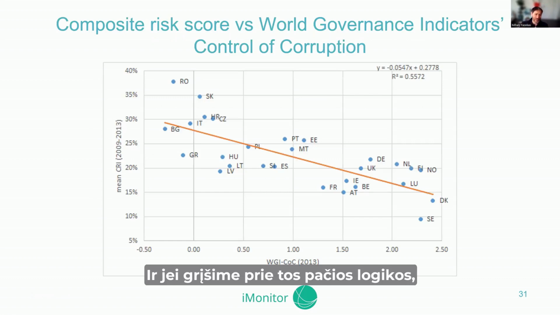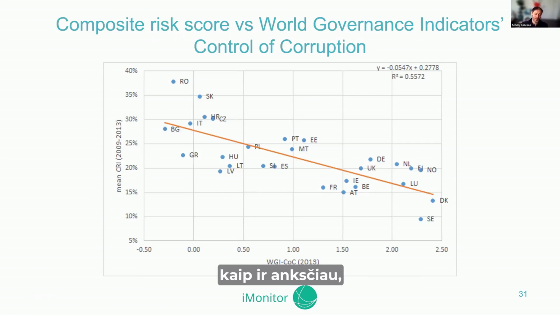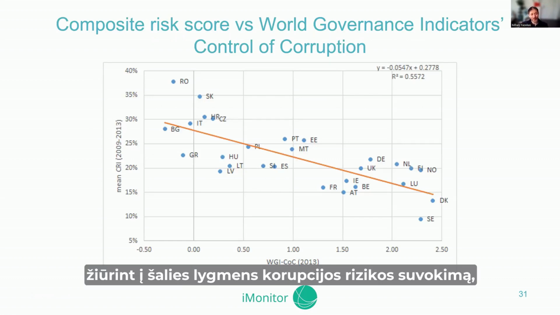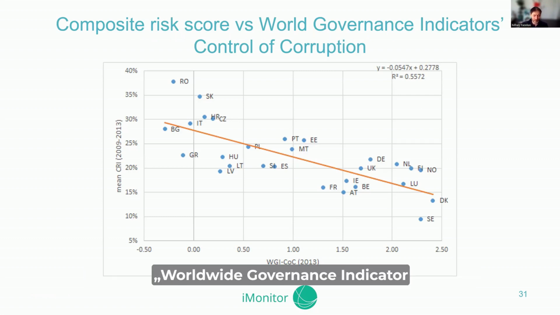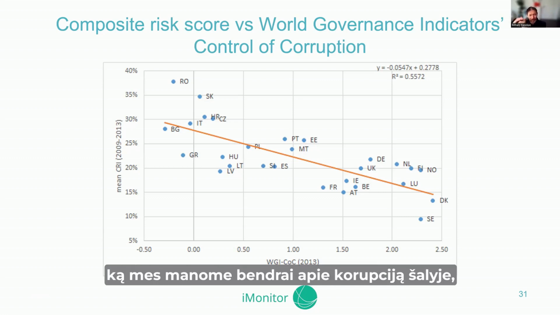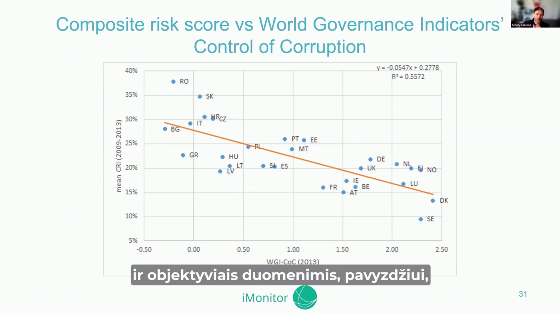And if you go back to the same logic as before, looking at country-level perceptions of corruption risk, the Worldwide Governance Indicators, control of corruption, and this time, the combination of red flags, not just single bidding, we have an even closer fit between what we think about corruption in a country based on surveys of experts and businessmen, and objective data such as the public procurement corruption risk indicator.